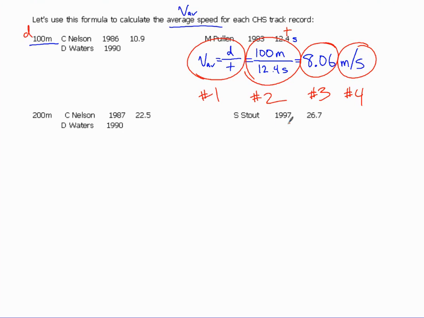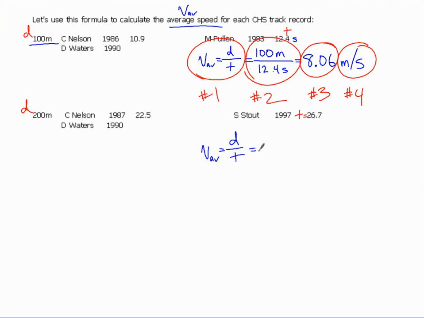Next one, set in 1997. The 200-meter dash. Here's our distance, with a time of 26.7 seconds. There's my T. First thing, start with a formula. V average equals distance over time. We're looking for average speed.